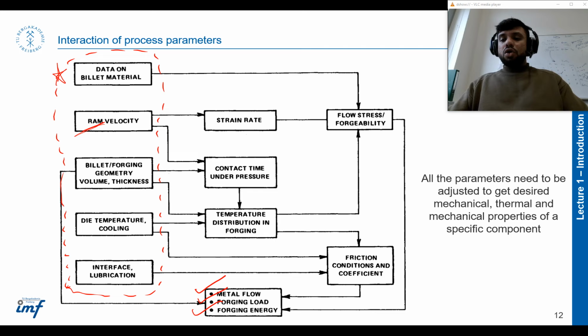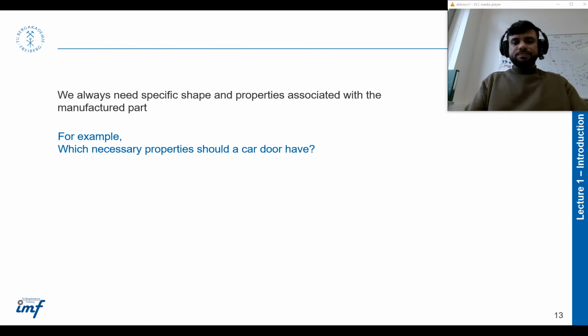And all these parameters need to be adjusted to get the desired mechanical and thermal properties of a specific component, and that is what we are looking for during calculation. So we precisely want to know how that goes. So we always need specific shape and properties associated with the manufactured part.